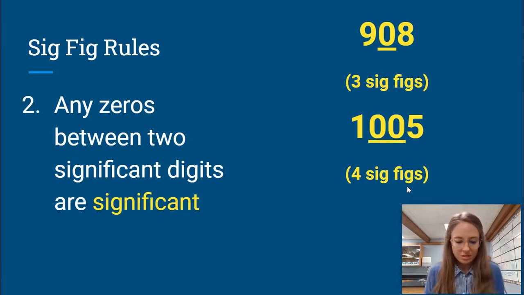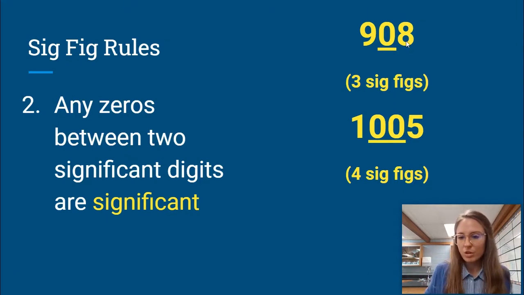If you were measuring out how long something was in centimeters, and you got the answer 908, that 0 is significant because you were able to be certain on the hundreds place, okay? And in order to be certain on that ones place, in order to get that 8, you had to be certain on the 0. Same with the number 1005.